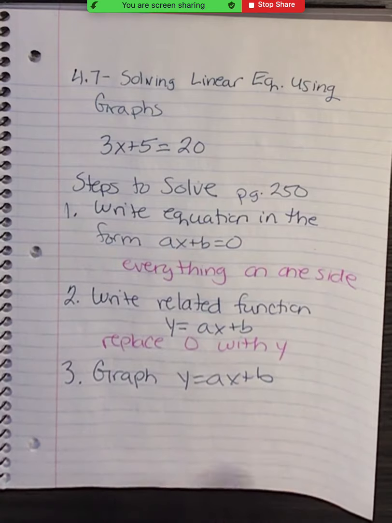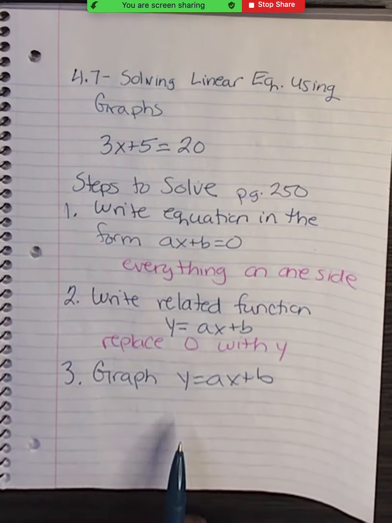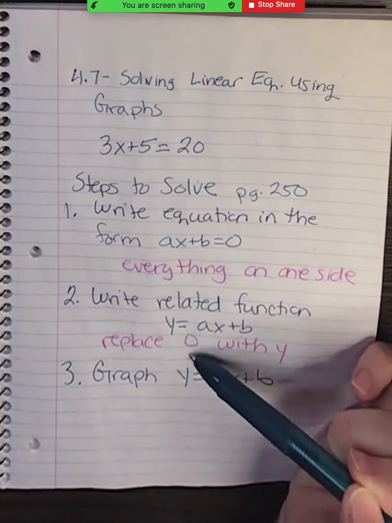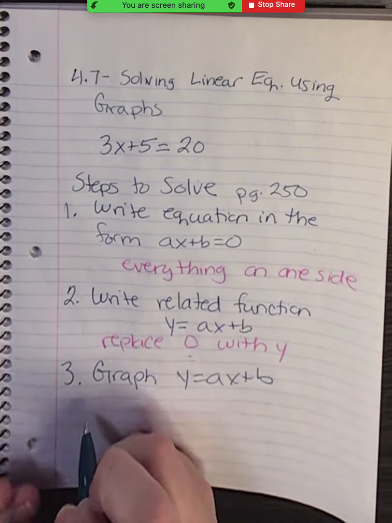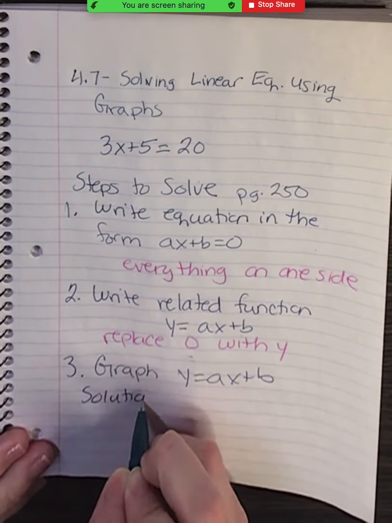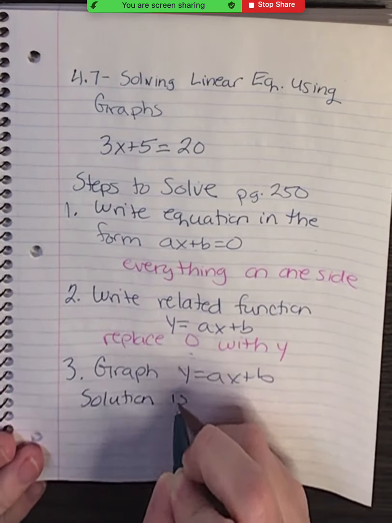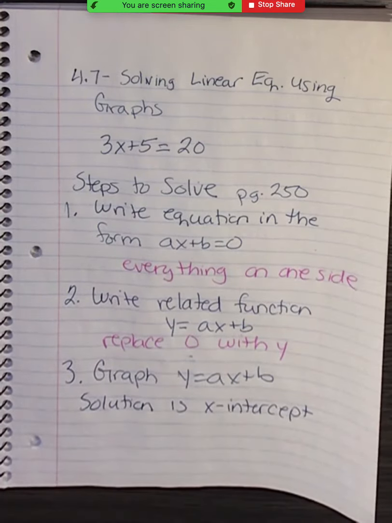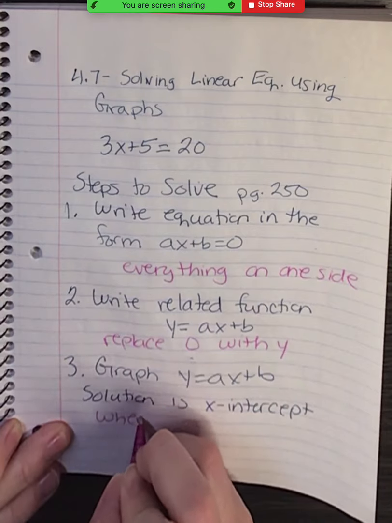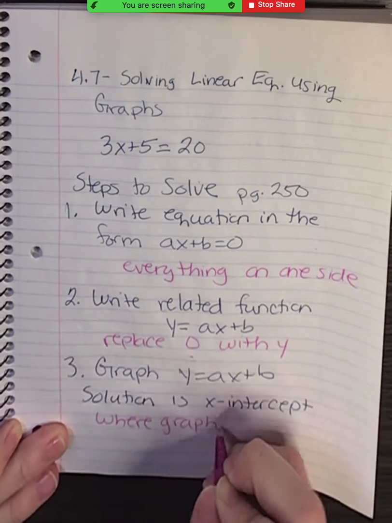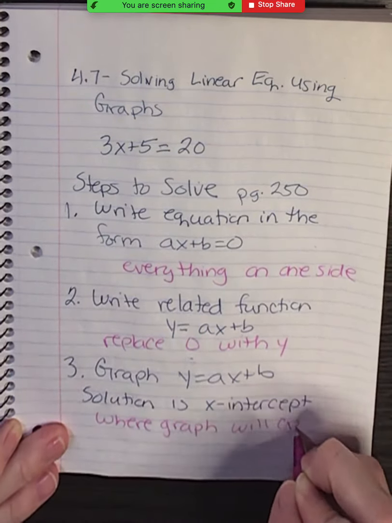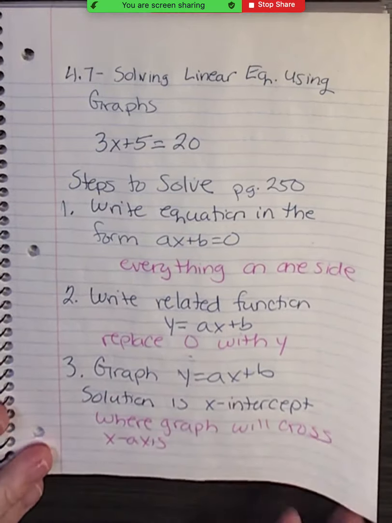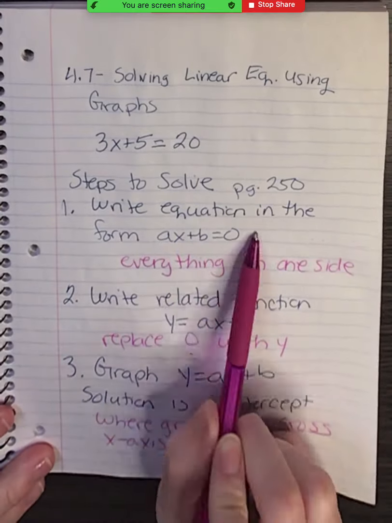So then you're going to look for your solutions because you simply replace the 0 with a y. Your solution for this is the x-intercept, meaning where your graph crosses the x-axis. And the reason for that is because you were solving when it equaled 0.